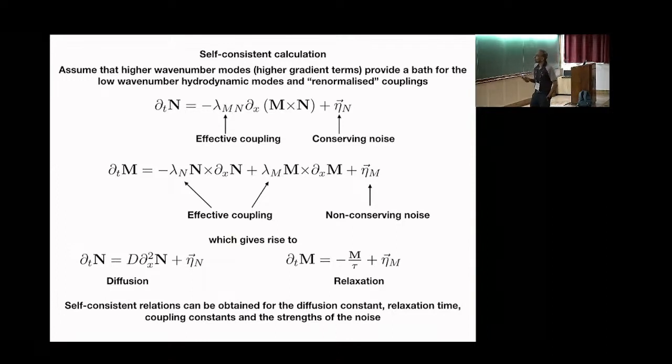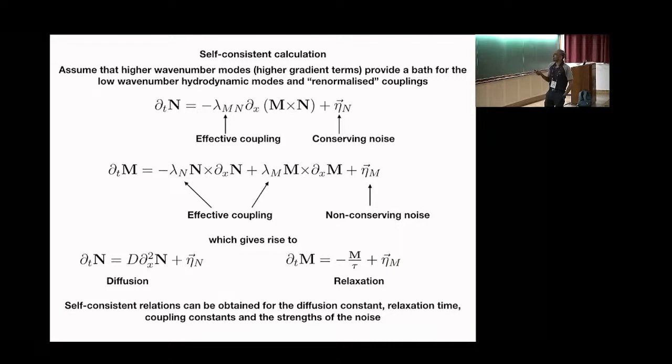What we assume here is that those give you, at the level of the equations of motion for these fields, the following effects. They respect the conservation laws. So even though you have noise, you still have the staggered magnetization conserved in this model. The noise generated by the large wave number modes is a conserving noise for the staggered magnetization.